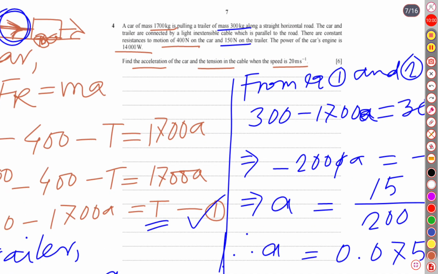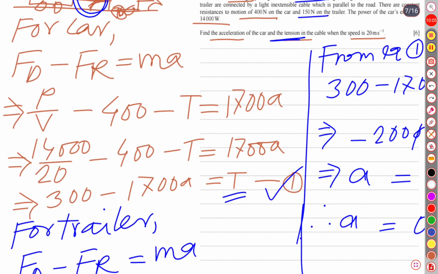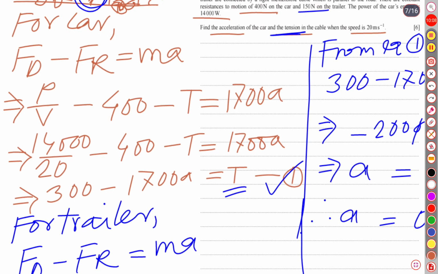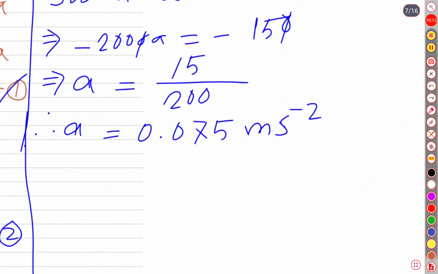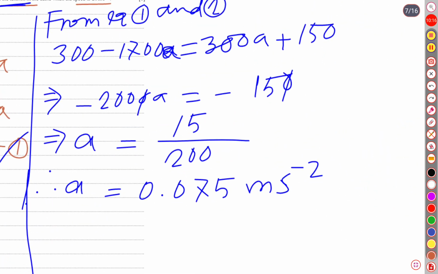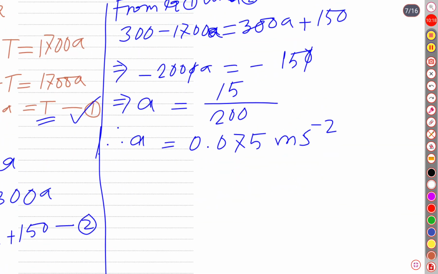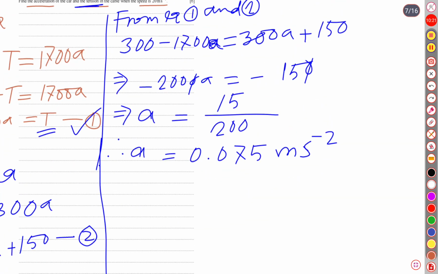The question told us to find the tension also. So tension is equal to, already we have formed the equation. Tension is this one. We can use equation number 1. T is equal to 300a plus 150, 300 into acceleration 0.075 plus 150.